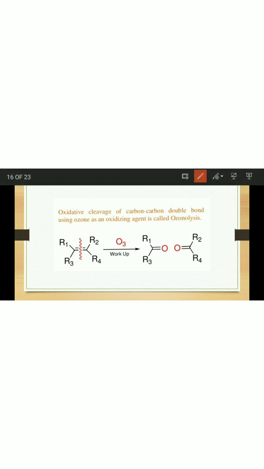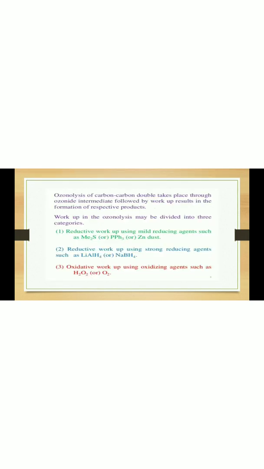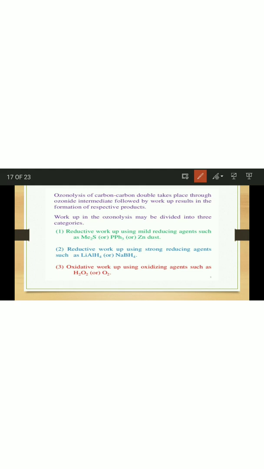It is an example showing the oxidative cleavage of a carbon-carbon double bond, which in the presence of ozone gives two ketone molecules. The ozonolysis of a carbon-carbon double bond takes place through various ozonide intermediates followed by the workups resulting in the formation of the respective products.